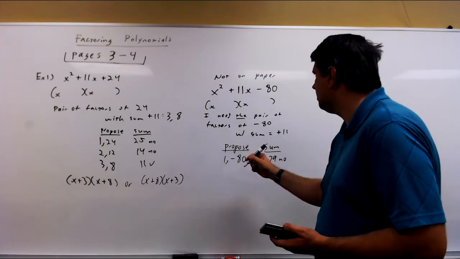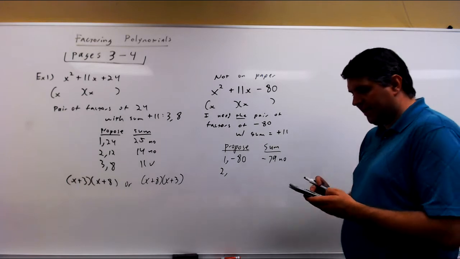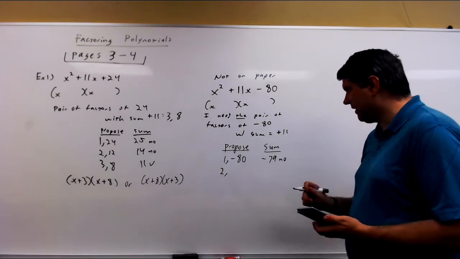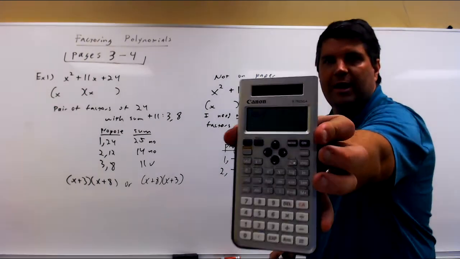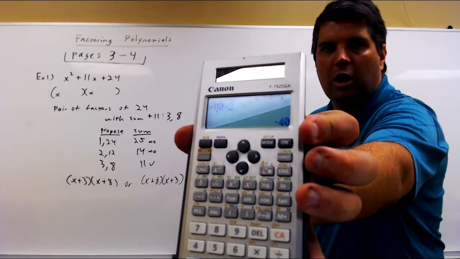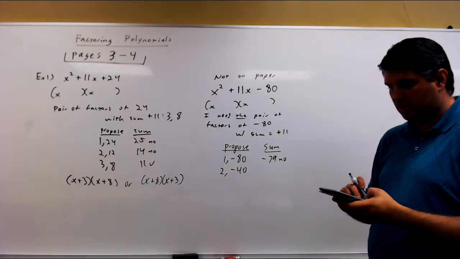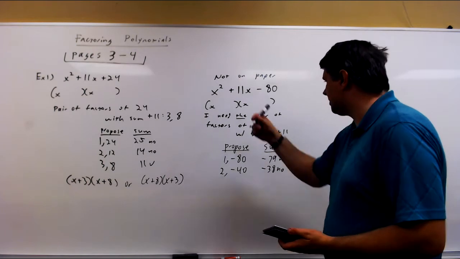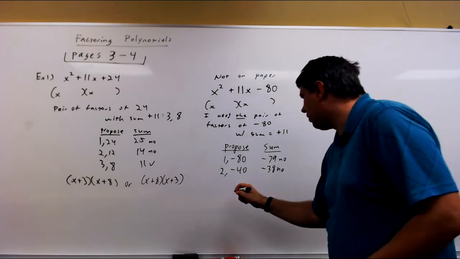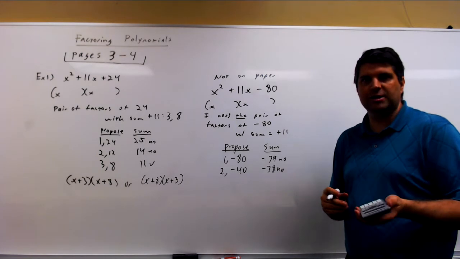We need 11. It's even. Let's try 2. So, negative 80 divided by 2 gives me negative 40. I'll go ahead and add the 2 back. I got negative 38. That's neither plus nor minus 11. So now I know 3 doesn't divide it. If I tried 3, it wouldn't divide evenly.